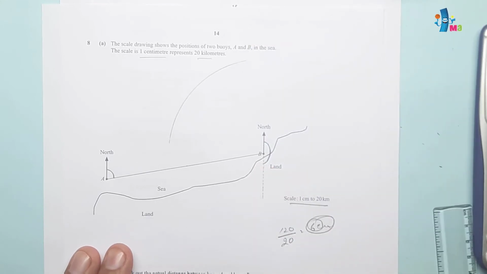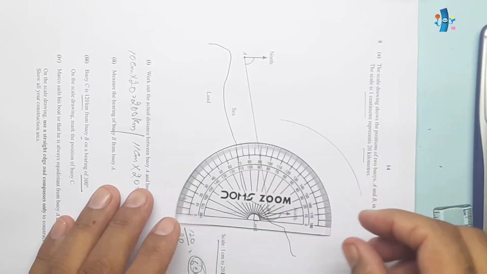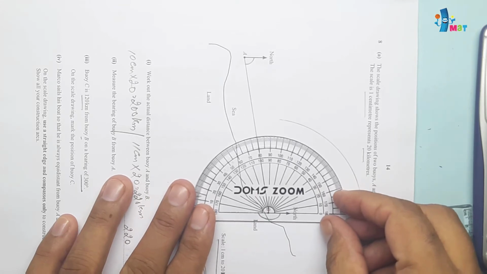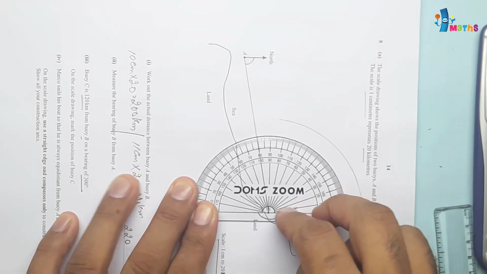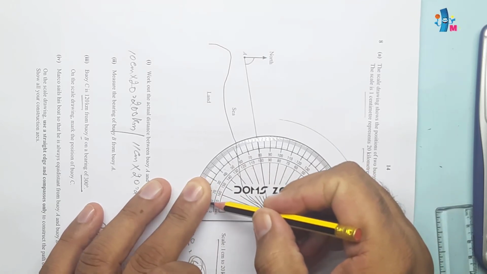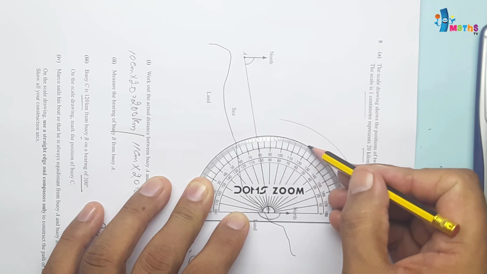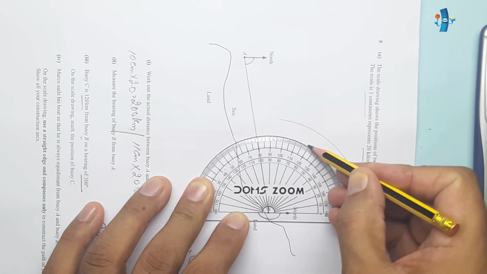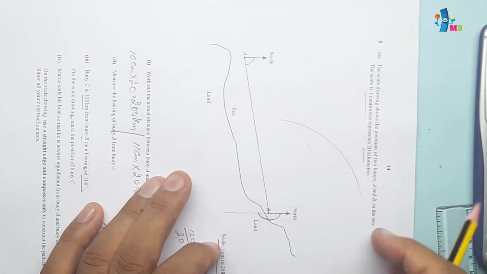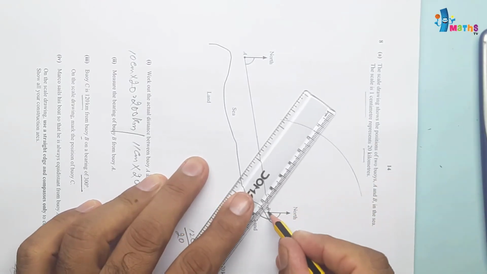So on this we have to add 120 more. How will we check that? We will fix the protractor over here. This is the line, zero point already fixed. So from here 120: 0, 80, 90, 100, 110 and 120 is this mark. So our line will be over here.